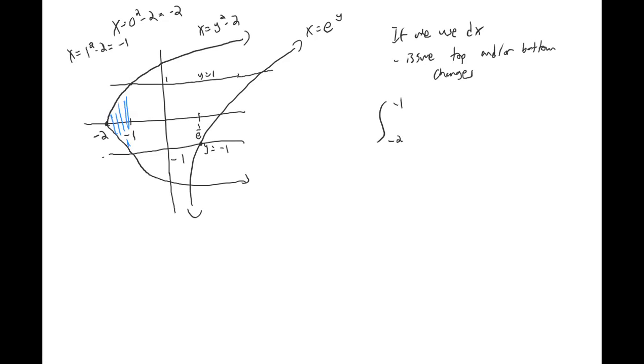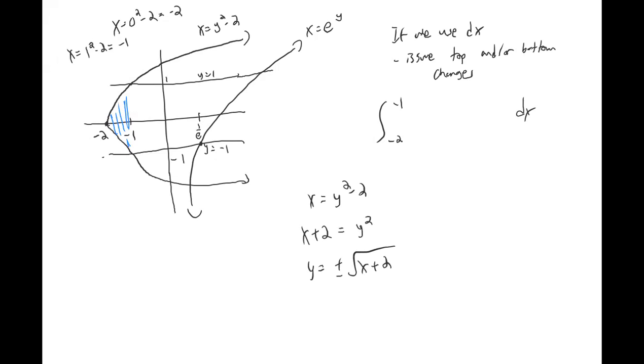Is it the line, the natural log, or the parabola? Yeah, sort of, but remember we're doing dx. So from -2 to -1, to do dx, we need to change everything back to x. If x is y squared minus 2, then x plus 2 equals y squared, so y is plus or minus root x plus 2. Agree?